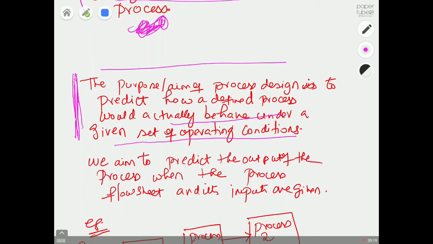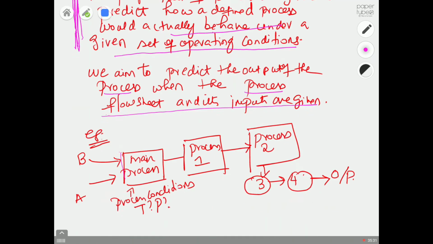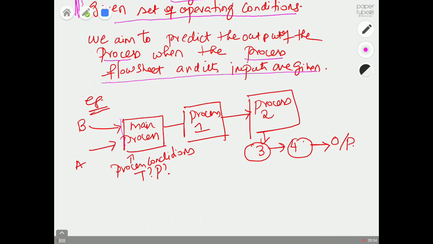So what will be our aim? Our aim is to predict the output of the process when the process flow sheet and its inputs are given. I just drew some images here, just as an example. Assume this is your main process, say a CSTR tank where your reactants A and B are converted into product.